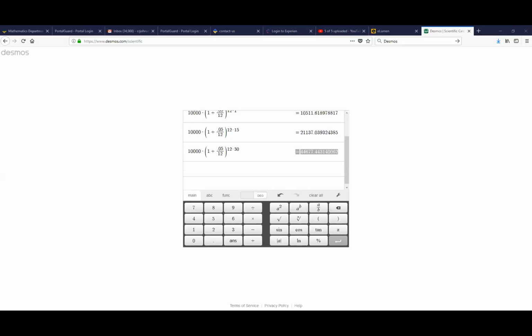So we started with $10,000 and now we have $44,677.44. That does sound like a good amount of money, but imagine that it was $100,000 that you got to invest. Then you'd have $446,000 as a result of that.